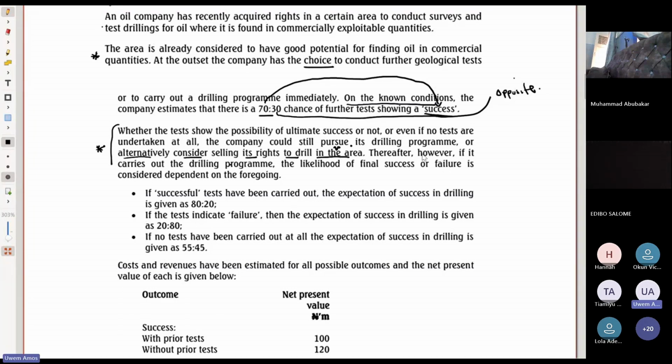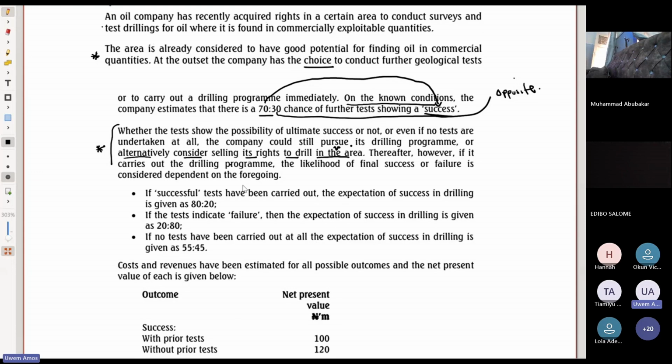However, if it carries out the drilling program, the likelihood of final success or failure is considered dependent on the following.